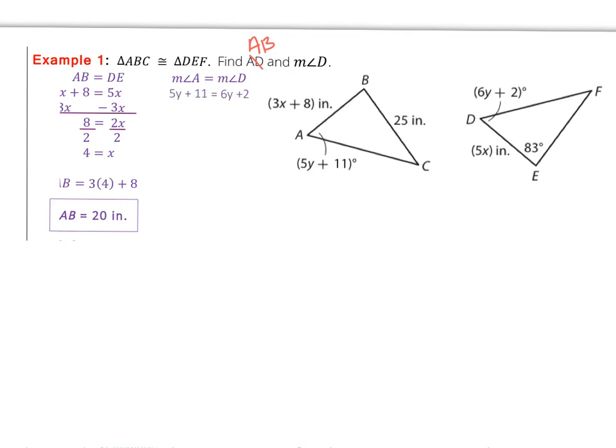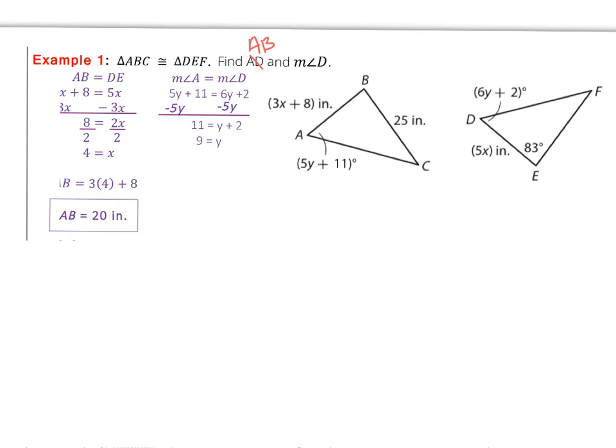Next, I substitute, so 5y plus 11 equals 6y plus 2, based on the givens in the picture. Then it's algebra from here, where I solve for the variable y, subtract 5y from both sides. Combine like terms, then I subtract 2 from both sides, resulting in y equaling 9.